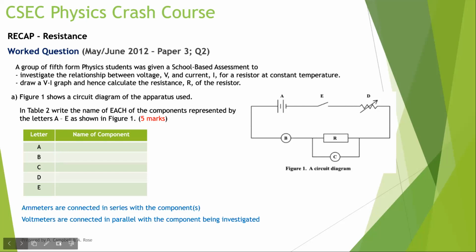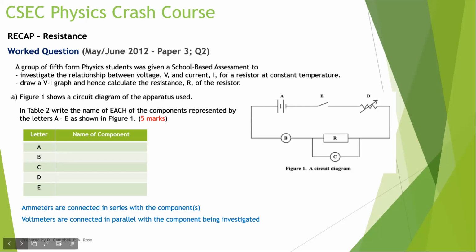So we need to bear in mind that one of them is connected in series with the component R, while the other is connected in parallel. Remember that ammeters are connected in series with the components and voltmeters are connected in parallel. So we can bear that in mind when labeling.